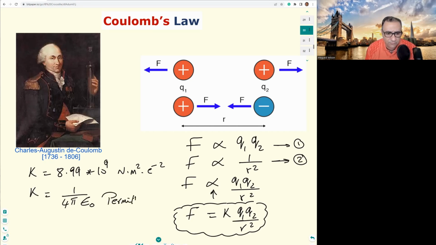I'm going to talk about the permittivity in a few minutes, right? But what I want to say here is that this is the permittivity of free space or vacuum, and it is equal to 8.85 times 10 to the power of negative 12 coulomb squared newton minus 1 meter negative 2.